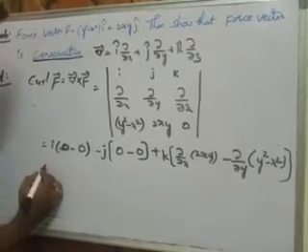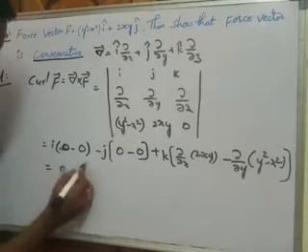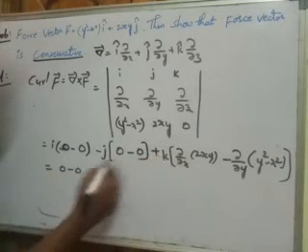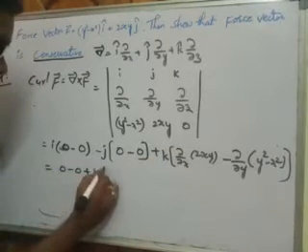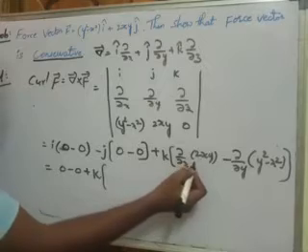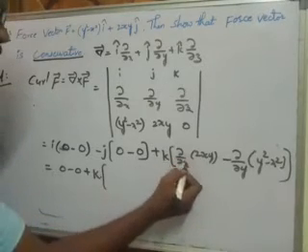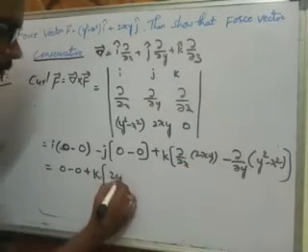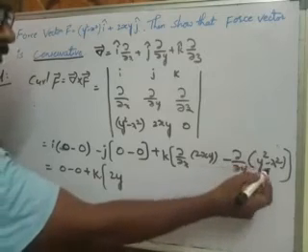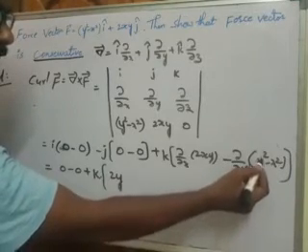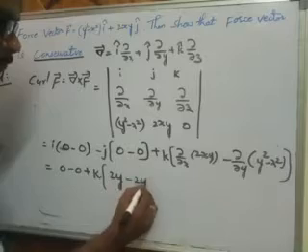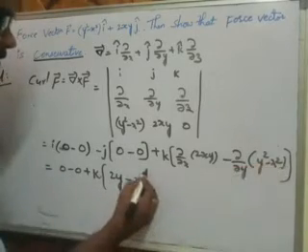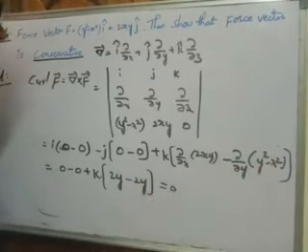Now, here we have the term k into partial differentiation of this one. ∂/∂x of 2xy will become 2y. And ∂/∂y of y² can be written as minus 2y, and the remaining term is 0. So finally we will get 0.